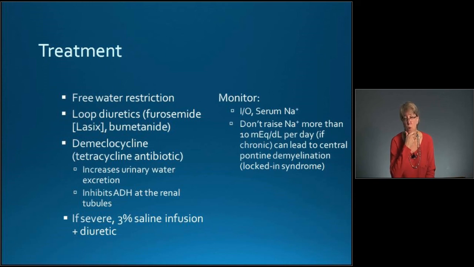If they're a little more symptomatic, sometimes they're in the ICU, they may actually use a tetracycline antibiotic called demeclocycline to help increase urinary water excretion. This antibiotic actually inhibits antidiuretic hormone at the renal tubule, but it's very, very expensive.